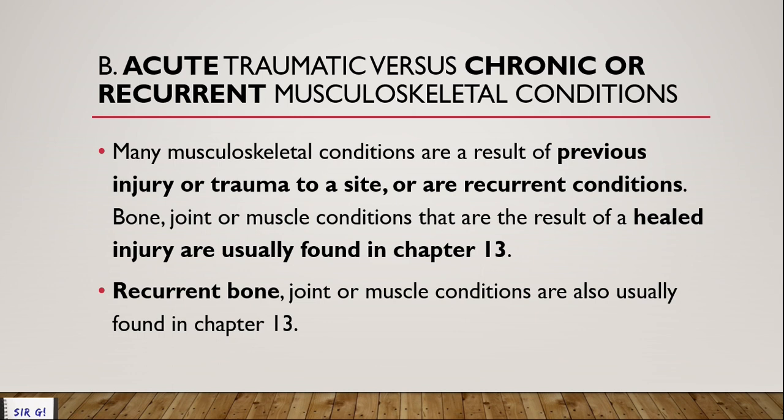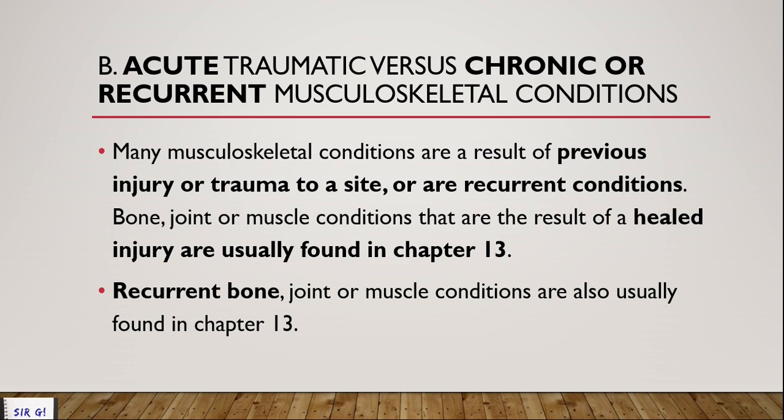Correct? So, many musculoskeletal conditions are a result of a previous injury or trauma, or a recurrent condition. So, that's why when you say recurrent, there's an initial and there's a recurrence of that condition. Now, if it's recurrent, it's coded under your chapter 13. It's M. Bone, joint, or muscle conditions that are a result of a healed injury are usually found in your chapter 13. Here, please highlight this one.